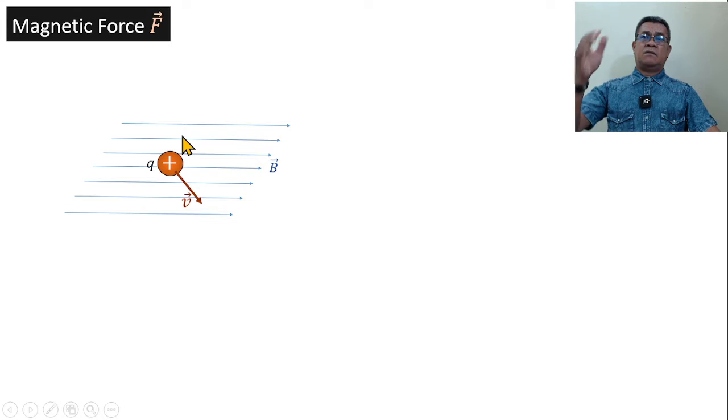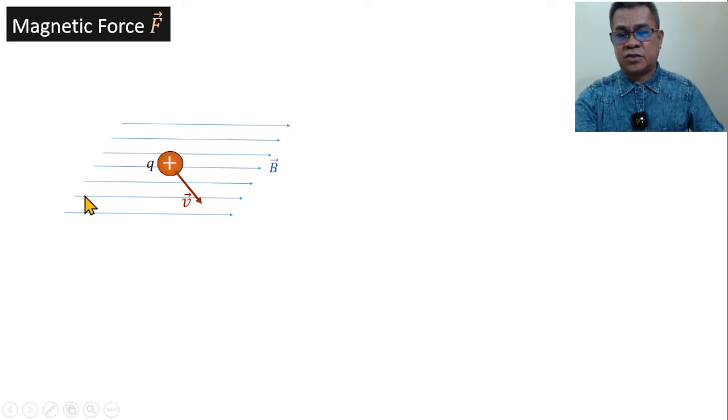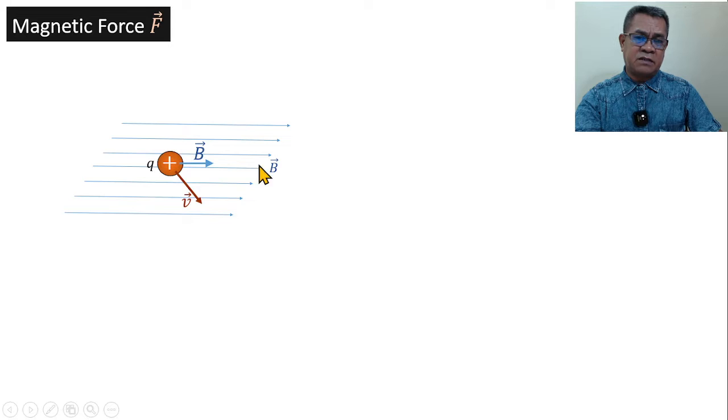The question is, if this charge travels with velocity in the presence of a magnetic field, how much magnetic force is experienced by the charge? Because this charge travels in the presence of a magnetic field, it must experience the magnetic field while traveling.